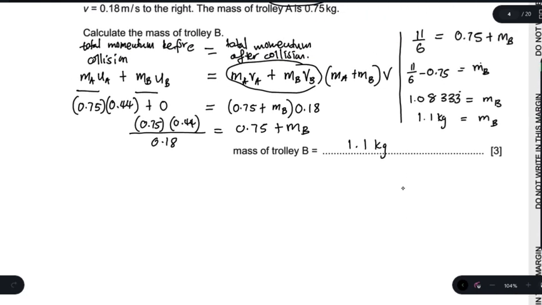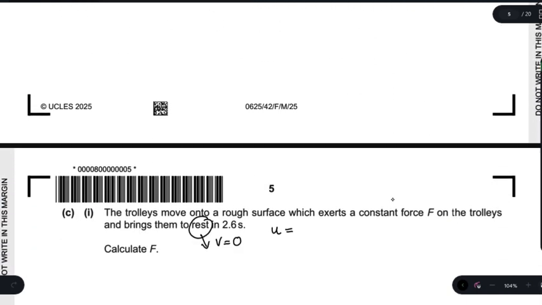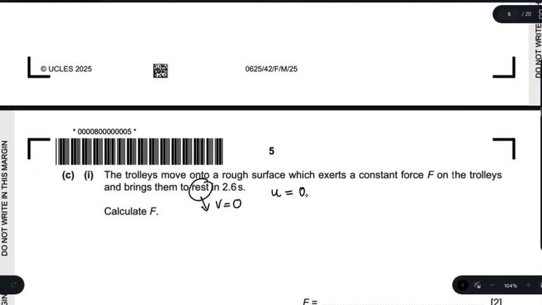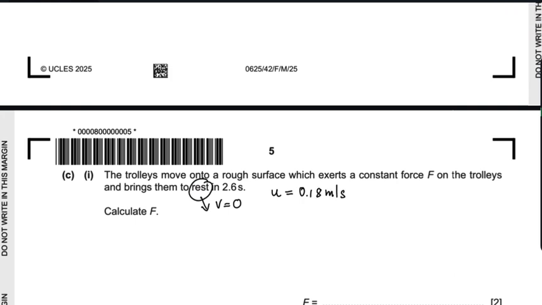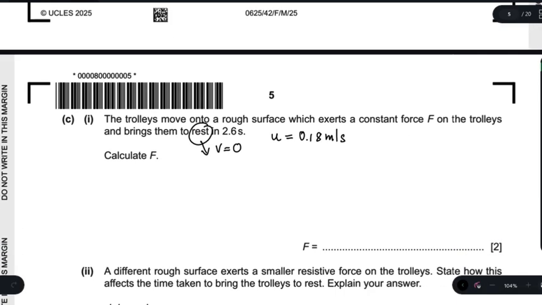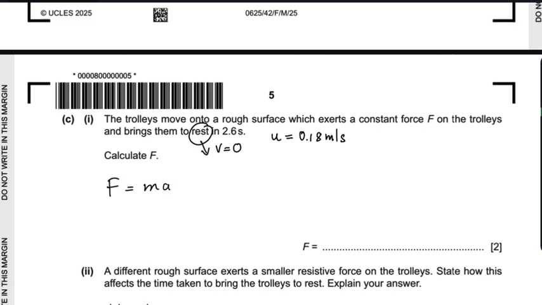Let's go back and check there. After collision, 0.18 meters per second. So we're going to use Newton's second law, which says that F is equal to ma, but we are going to split that and have (v minus u) over t here. From here we know the masses, we are adding the two masses, the 1.1 for mass B and the 0.75 for the other one.